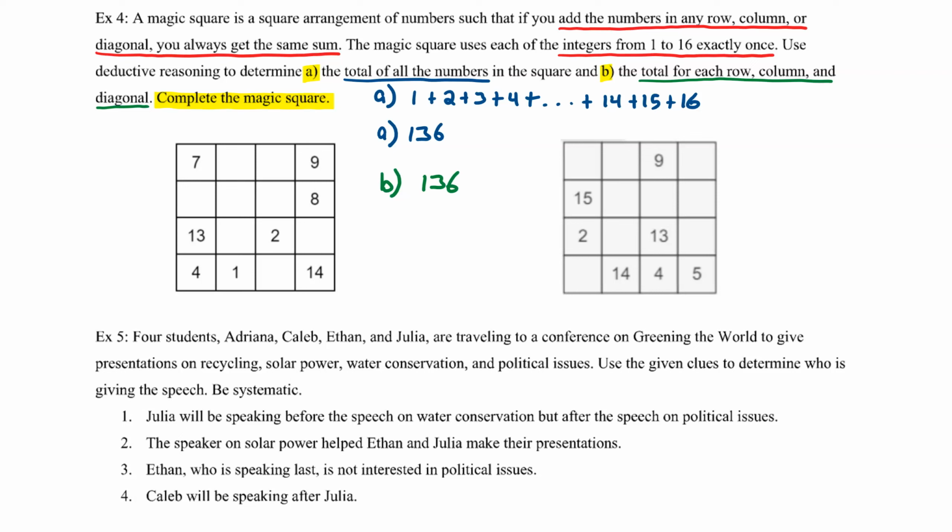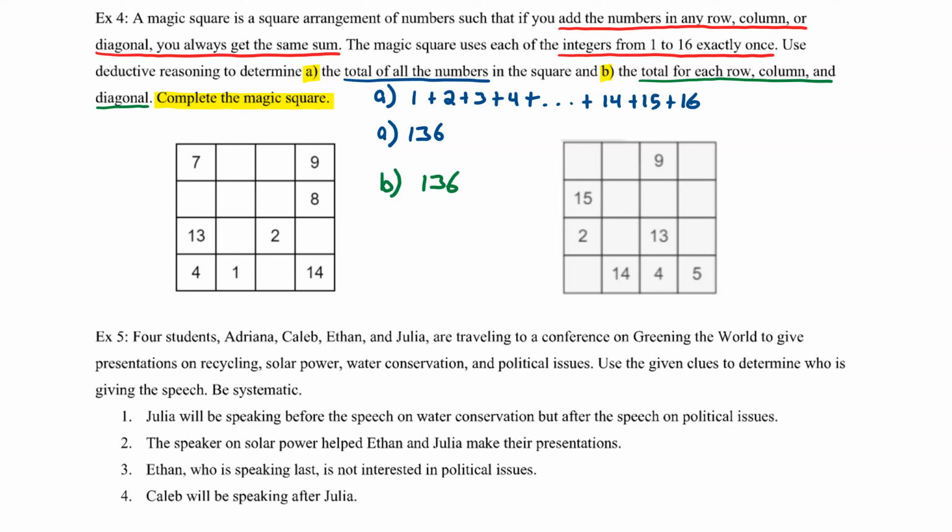It's going to have to be shared. It's going to have to be the same value no matter if you're going from left to right, top to bottom, down the diagonal. And so in each of those instances, you're splitting that up between 4 boxes.